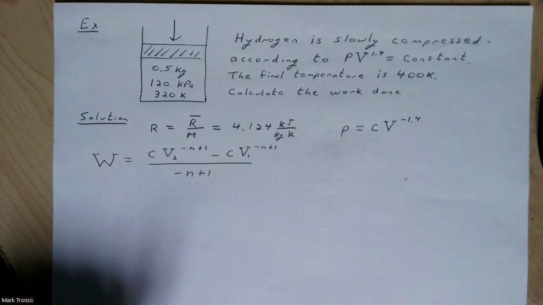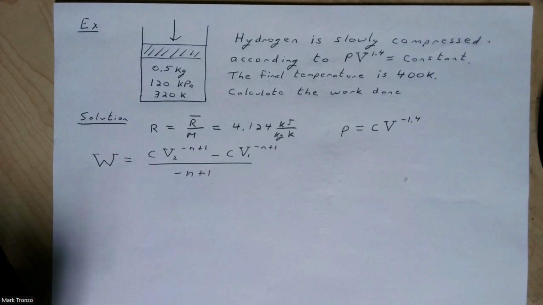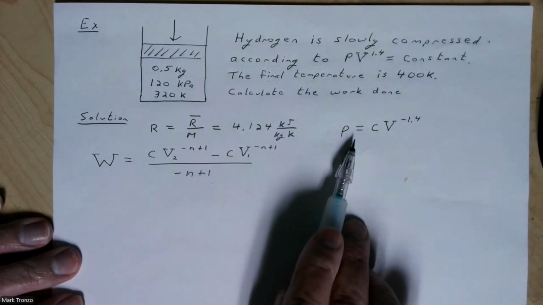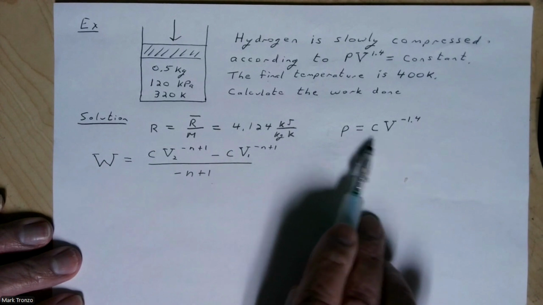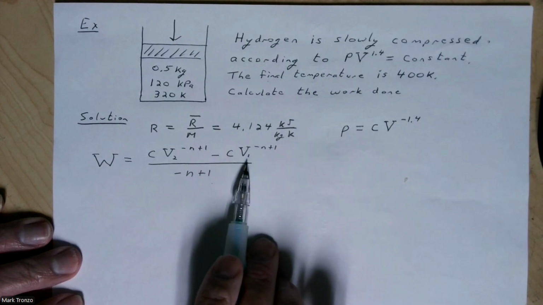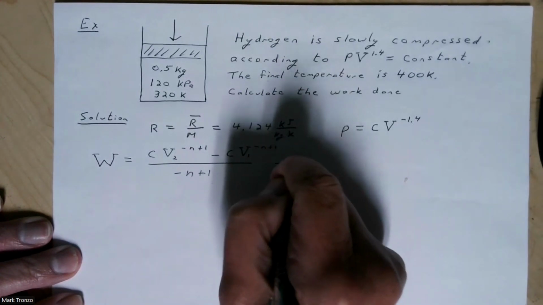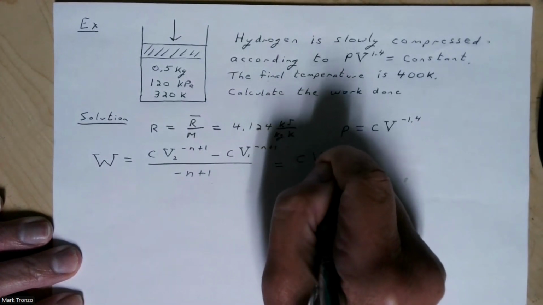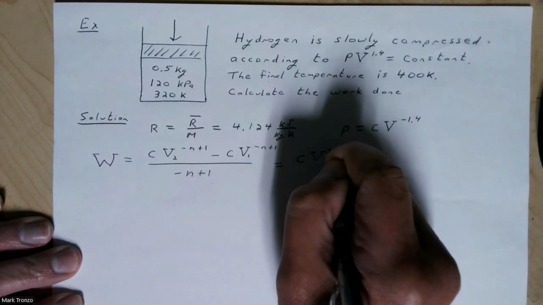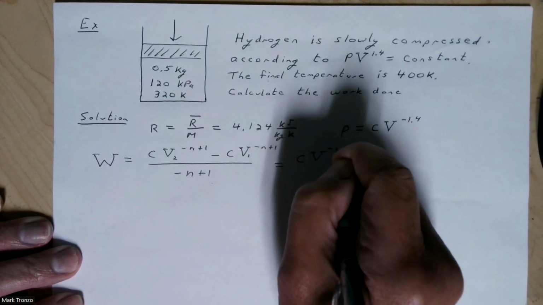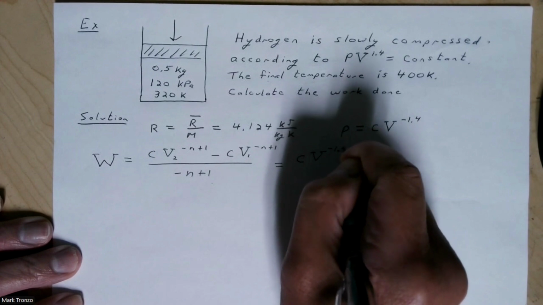Now, I didn't derive this separately, but we can sort of derive it here, because we can actually use this relationship up here a little bit. So first of all, let's put the 1.4 in, and I'm going to put the negative 1.4 here.